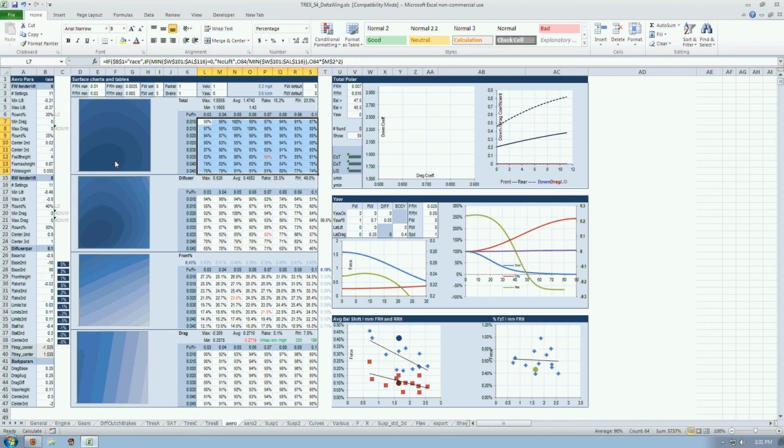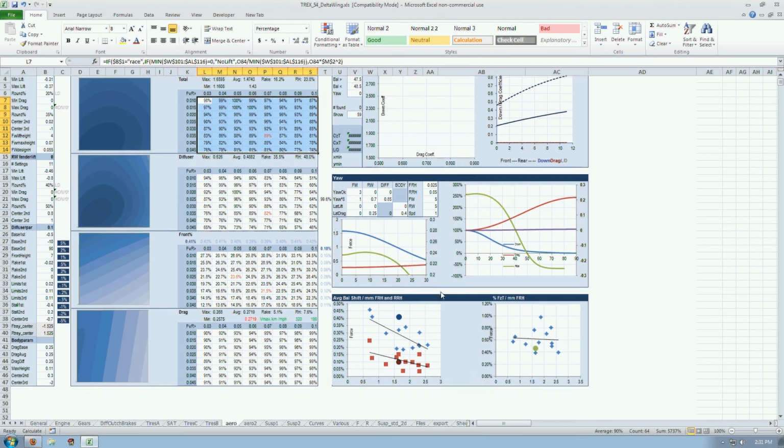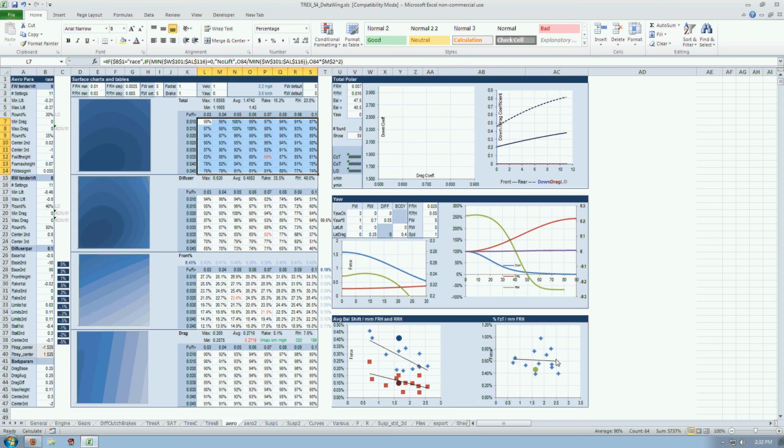So at any front ride height and any rear ride height you can see what sort of downforce there is. I like this balance change here. So as the rear ride height grows, the balance of the aero moves forward, and let's just say that it's probably alright. So that's the aero done.